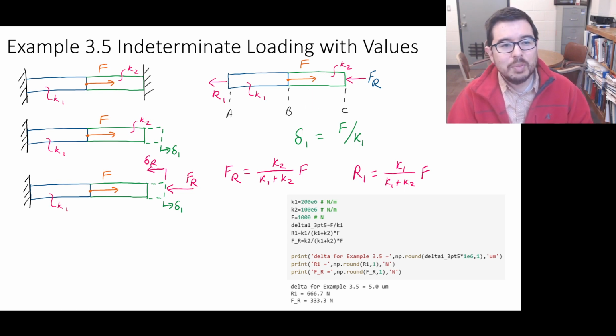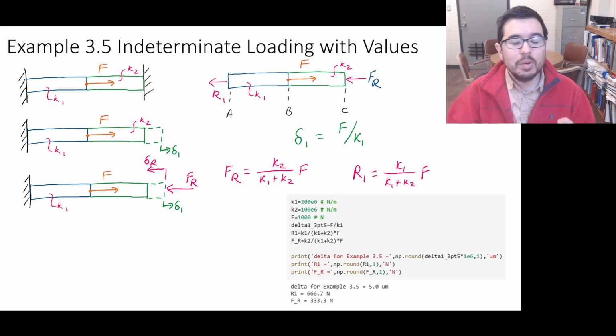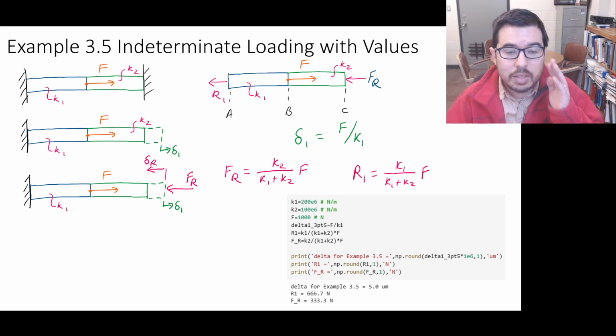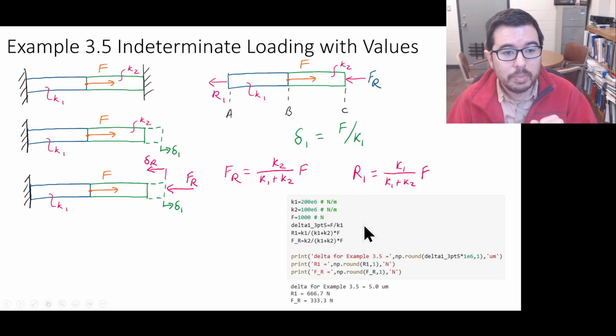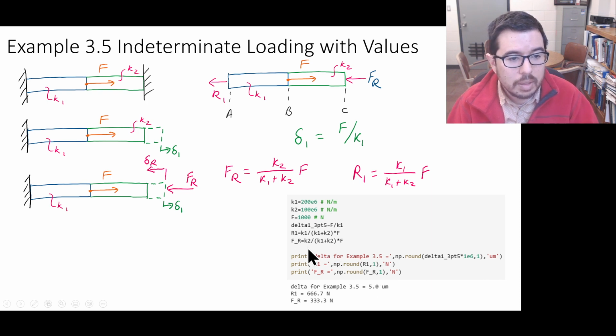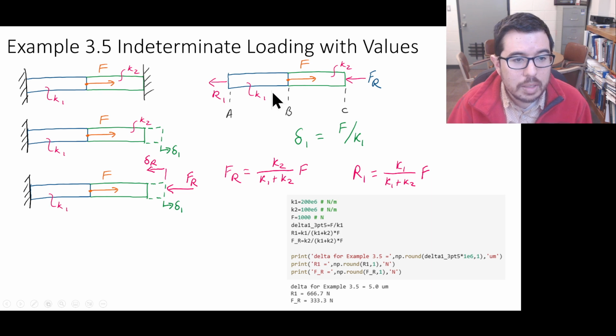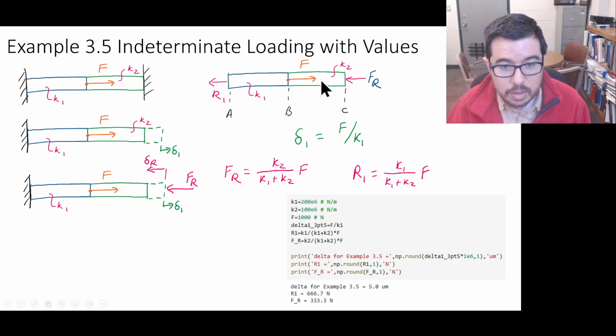We've used geometric compatibility, we've used superposition to allow us to solve a problem that was not solvable just using equilibrium. One other interesting point is the displacement that we have here. If we say, tell me what is this displacement of just F over K1, this F over K1 was the unconstrained displacement.